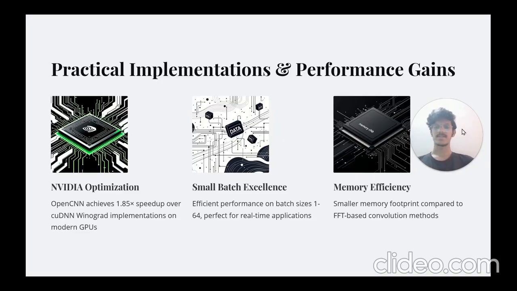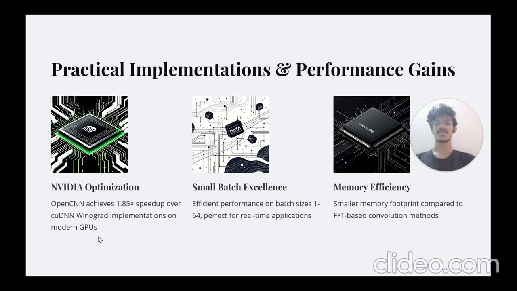So after the visualization, let's come back to the practical implementations and the performance gains. This slide will essentially explain where it can be used and where it isn't currently used. In NVIDIA optimization, convolutional neural networks achieve a 1.85 times speed up over cuDNN and Winograd implementations on modern GPUs.